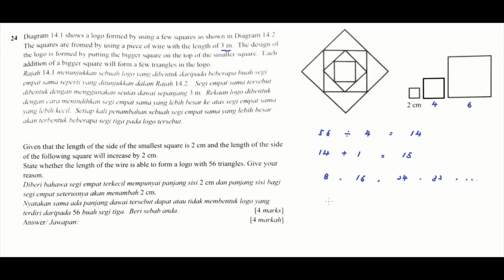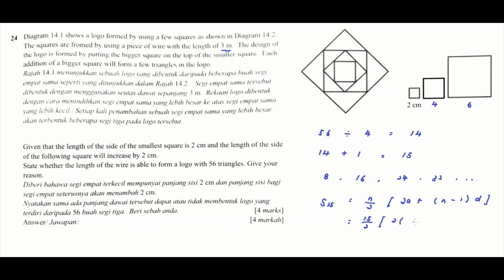So I want to check if I am creating 15 squares, what is the total wire that I need? I will use the formula n over 2 times 2a plus n minus 1 d. We can substitute the numbers that we have here. n, the number of squares that we need, is 15. And what is our a?